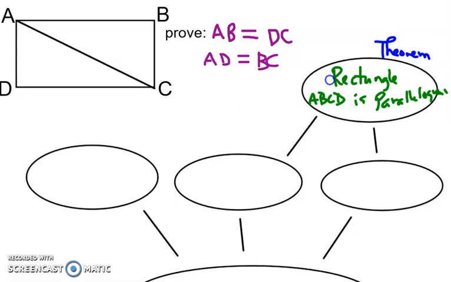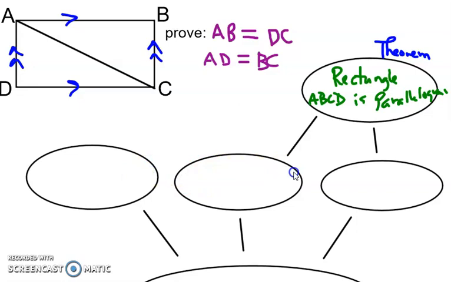Go ahead and mark those. So AB and CD are going to be the parallel sides, and BC and AD are the other pair of parallel sides. Because we have parallel sides, there are two more things that we can say about the shape, because the shape is now defined as a parallelogram. So think about how using the parallel sides might give me two more pieces of information.